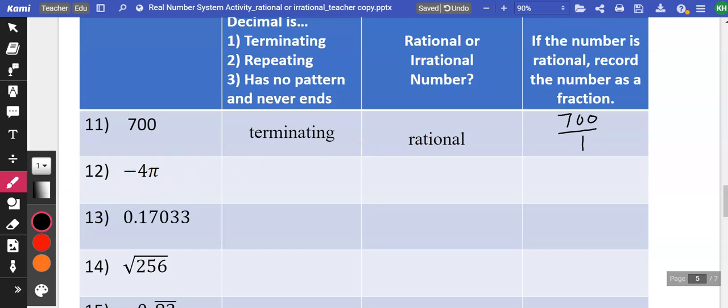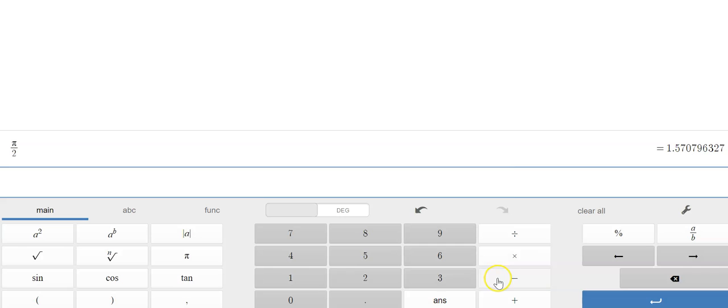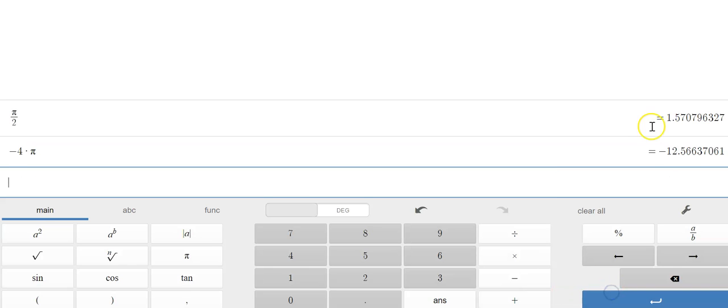All right, negative 4 times pi. Let's apply what I talked about earlier. Let's multiply negative 4 times pi. And we get a decimal expansion that goes on forever and has no pattern.